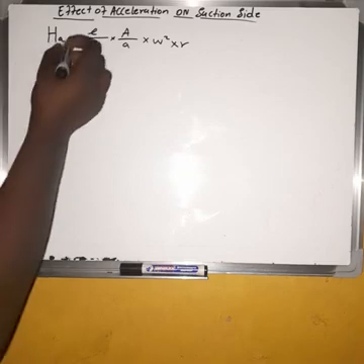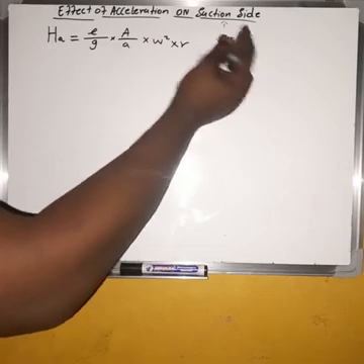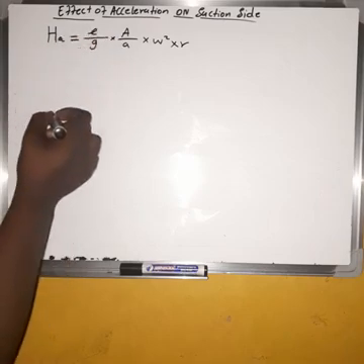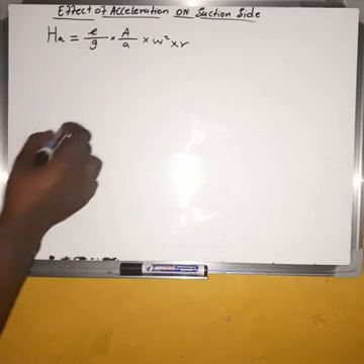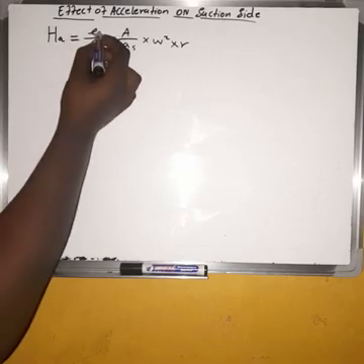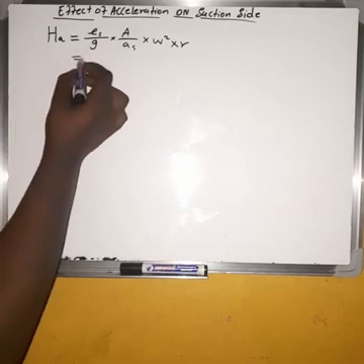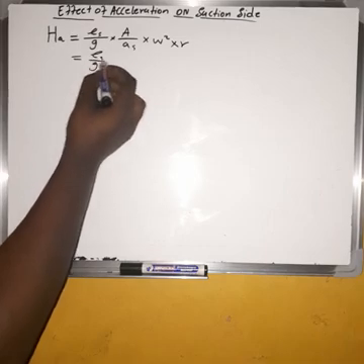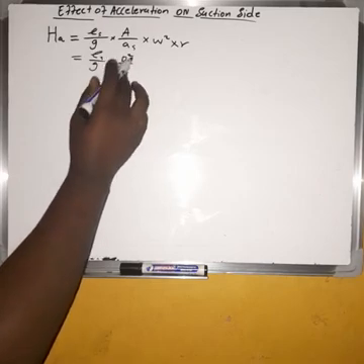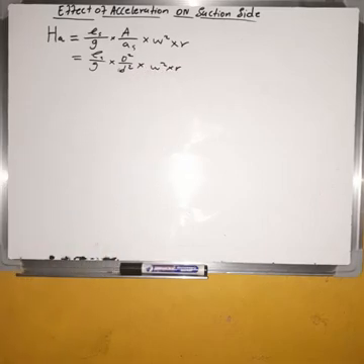Since we are still under the suction side, that means this will be the area of the suction and the little l of the suction there. Then this can be ls over g multiplied by As over a, multiplied by omega squared multiplied by r.